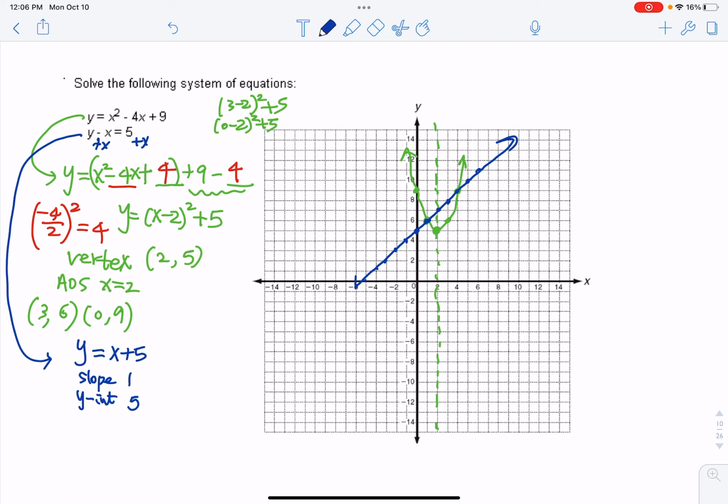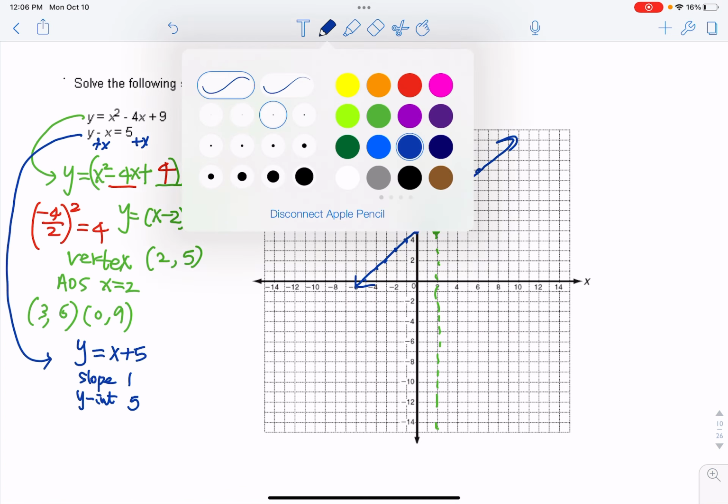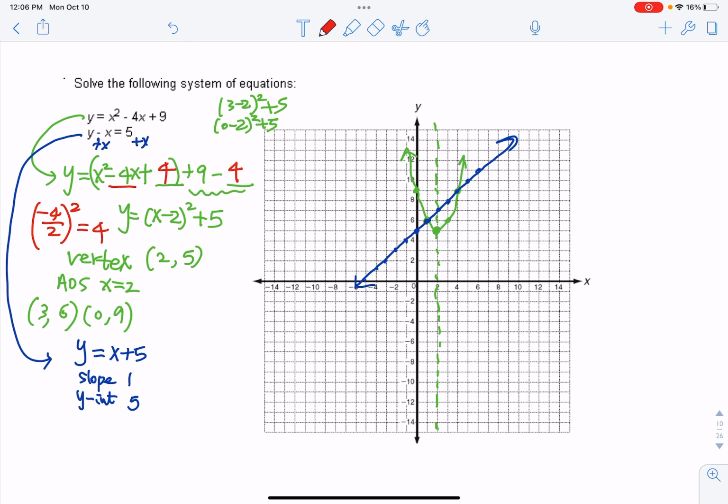The graph looks like this. And we see two intersecting points, one here, one here. The intersecting points' coordinates will be (1, 6) and another one is (4, 9). That's how you find it by graphing it.